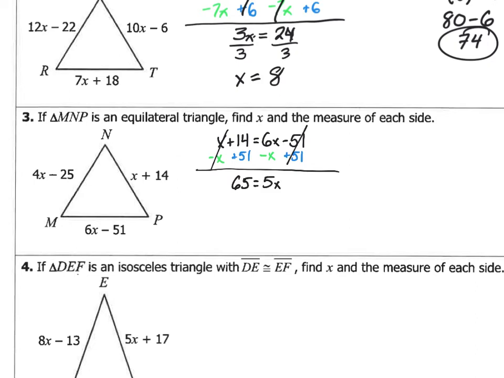Get x by itself by dividing by 5. We get 13 for x. And then to find each side, we'll make it easy. We'll plug that in for this equation. So each side would be 27.